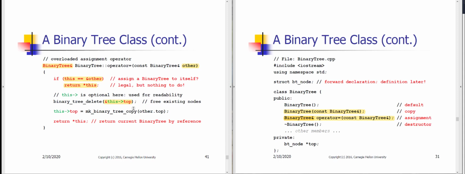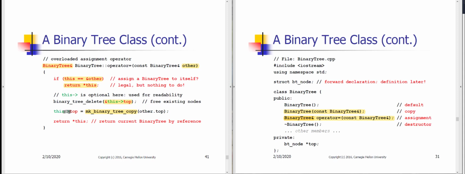So once we've completed step 2, and we have cleaned up or gotten rid of any data in the current object, in step 3, we then update the current object with a copy of all of the necessary data from the other object. In our case here, this simply involves calling McBinary tree copy on the other tree's top, that is on the right-hand tree's top, and assigning the address that we get back to this arrow top.